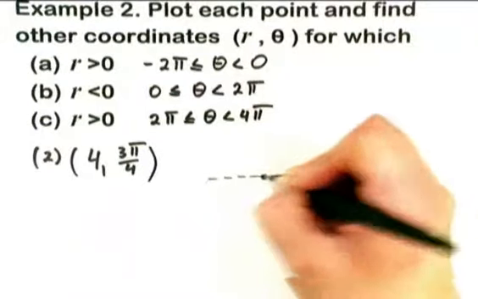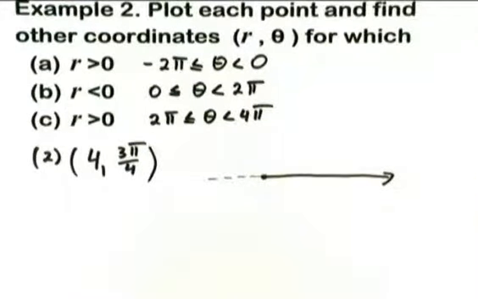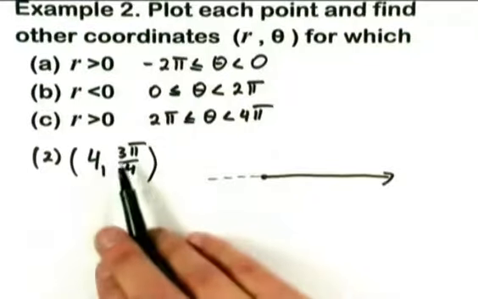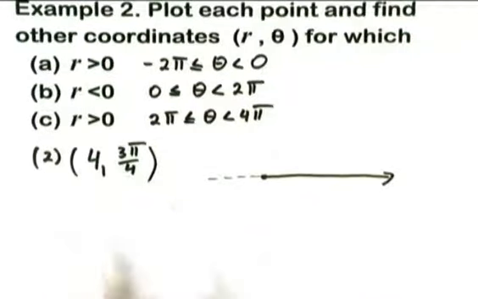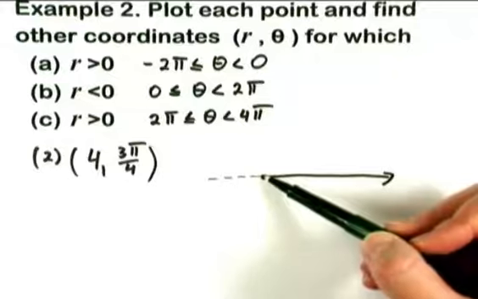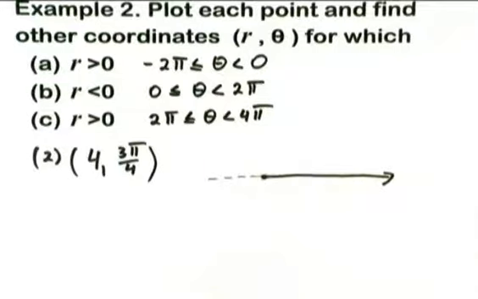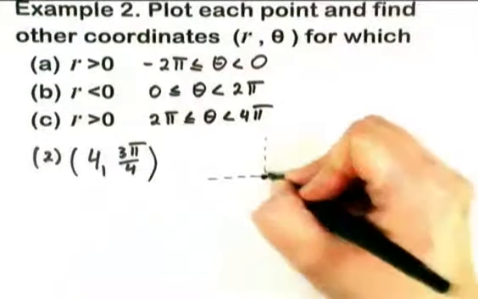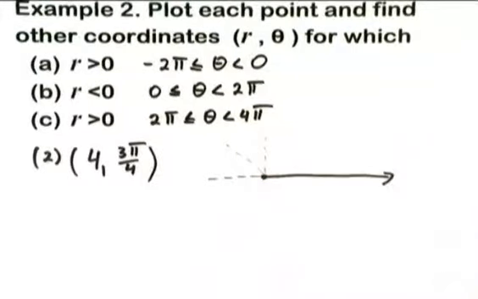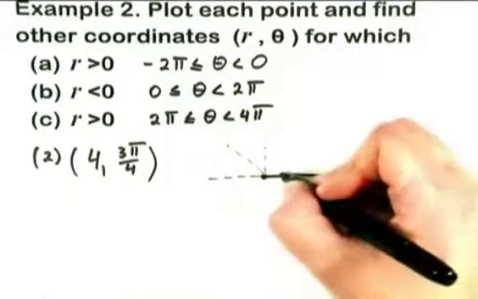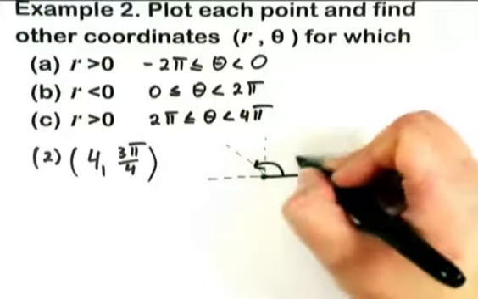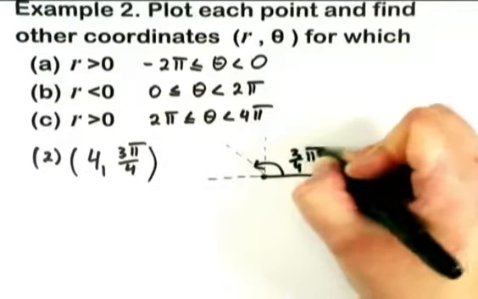Here is 1 pi. 1 pi is 4 over 4, and now we have 3 over 4, so we are short of 1 over 4. So here is half, and 1/4 is right here. So the 3/4 angle is right here, 3/4 pi.